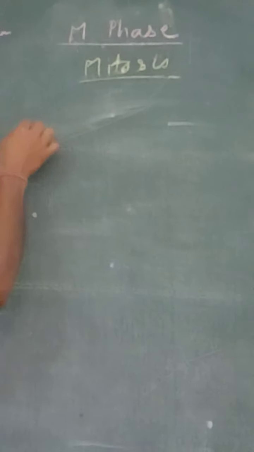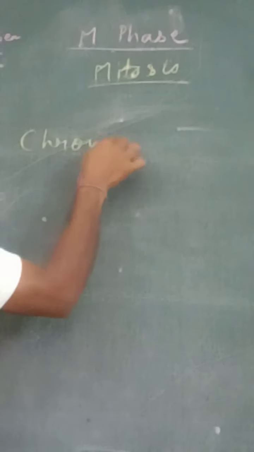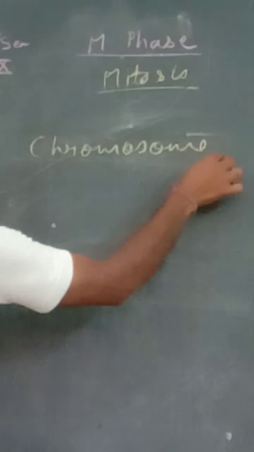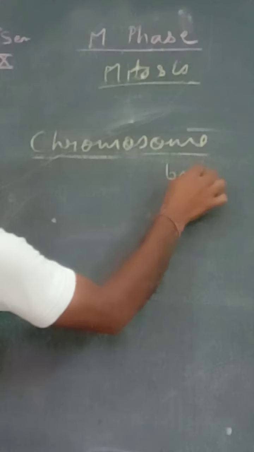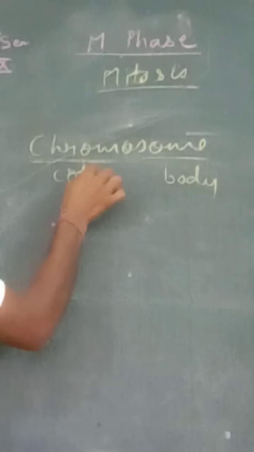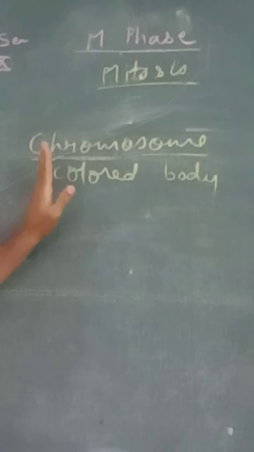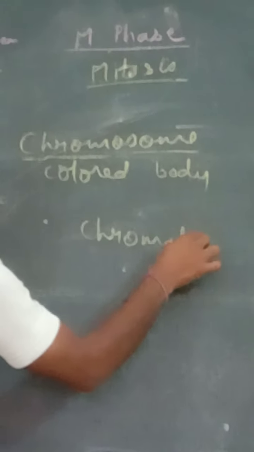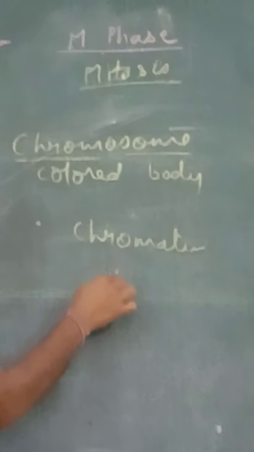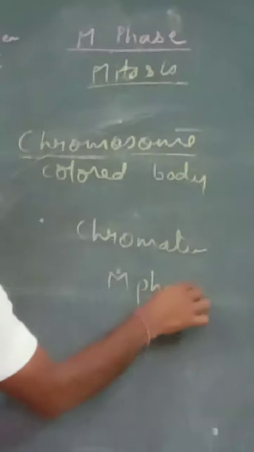For example, chromosome. Chromo means colored and zo means body. Now, this is the condensed chromatin or genetic material that is visible during the M phase.